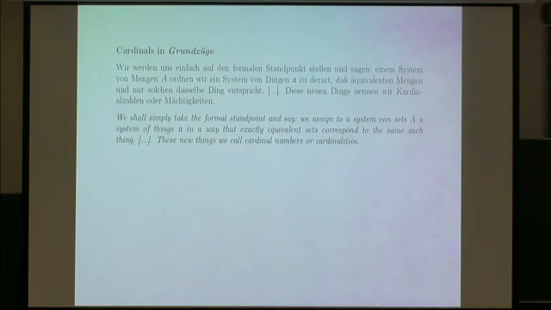These new things we call cardinal numbers or cardinalities. So we think of a function, a cardinality measuring function, which assigns to equal sized sets the same cardinal number, and these cardinal numbers, they are things. This is the freedom of this approach, and you don't have to be more explicit about them.